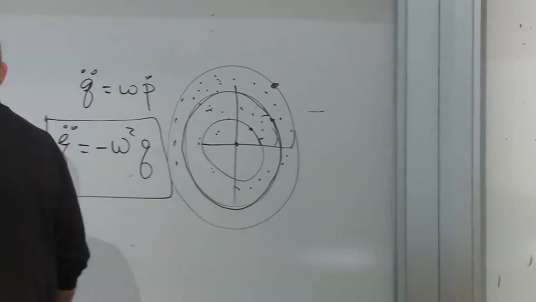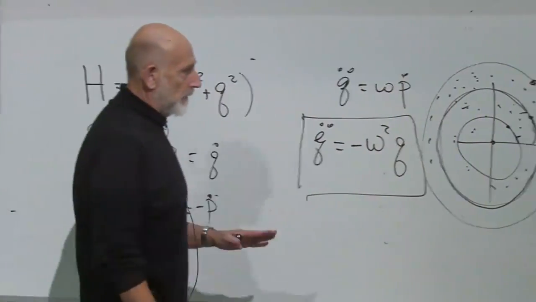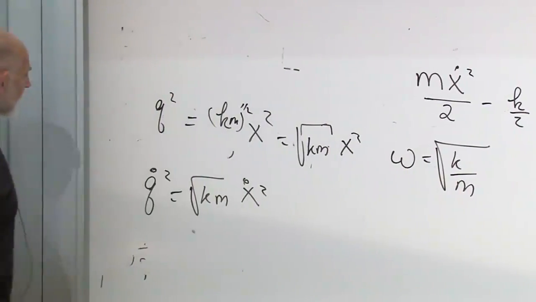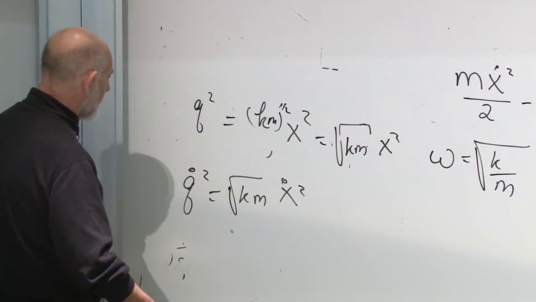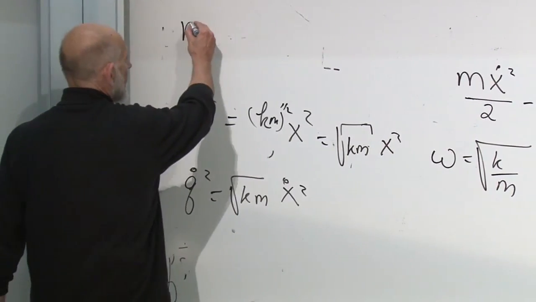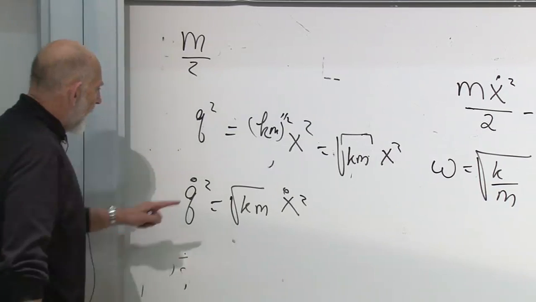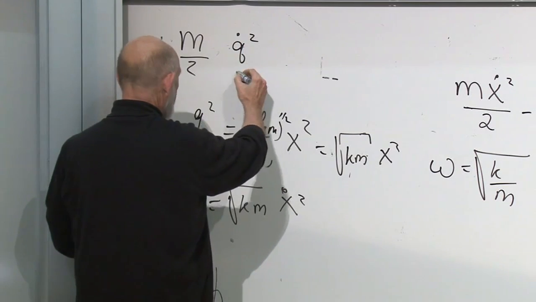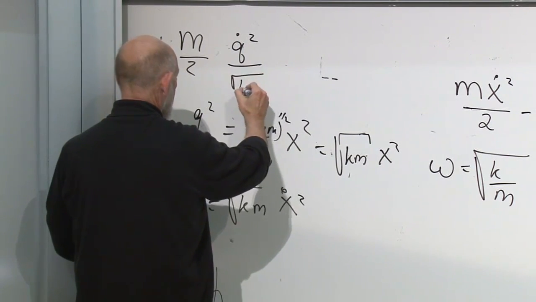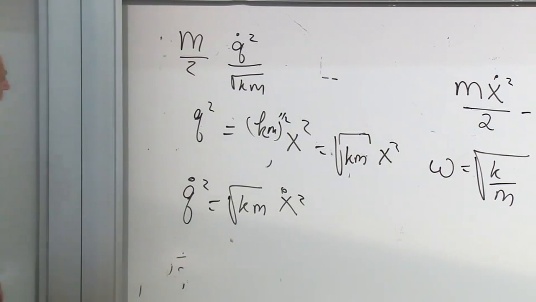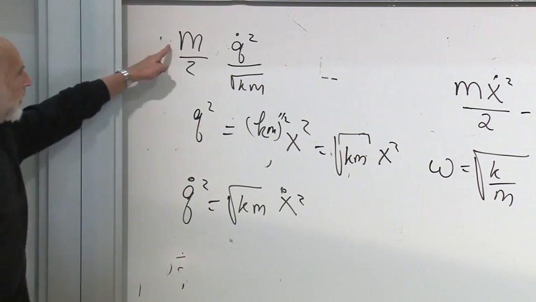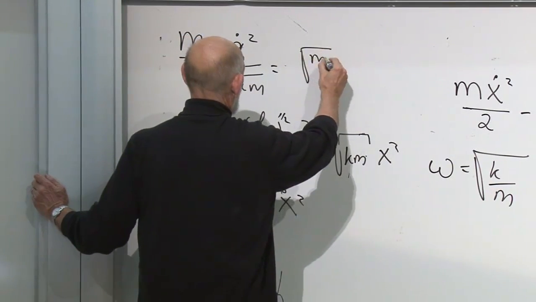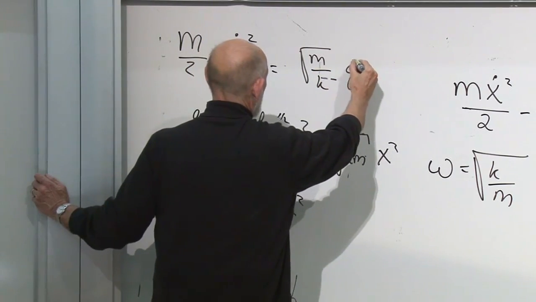Now let's look at the kinetic energy term over here. What is the kinetic energy term? The kinetic energy term, m x dot squared over 2, that's going to be m over 2, x dot squared. But x dot squared is q dot squared over the square root of km. But m over the square root of km is just equal to square root of m over k, q dot squared with a 1/2.